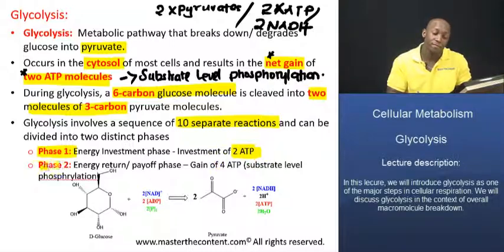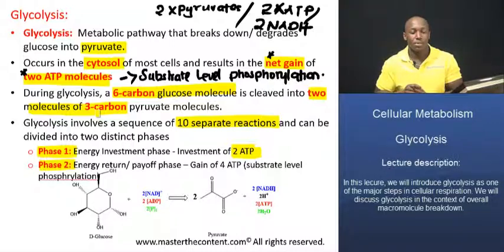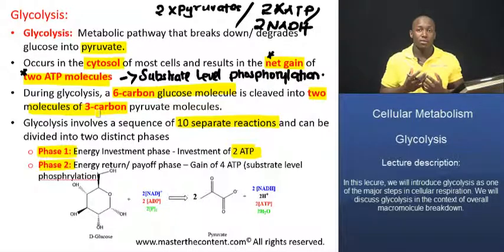The second phase, the energy return or payoff phase, is when we gain an additional 4 ATP molecules. That's why we're talking about a net gain of 2 ATP. The process of glycolysis will use 2, but give you back 4. So you have a net gain of 2 ATP molecules.